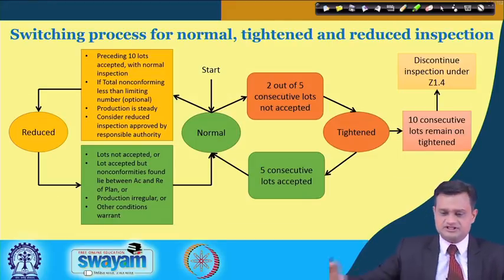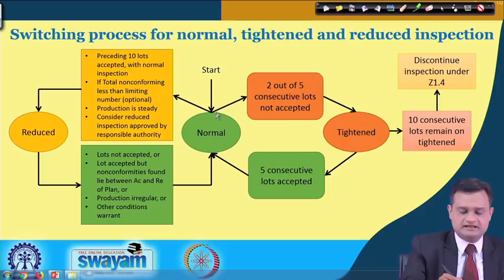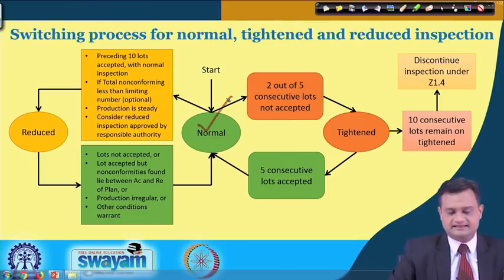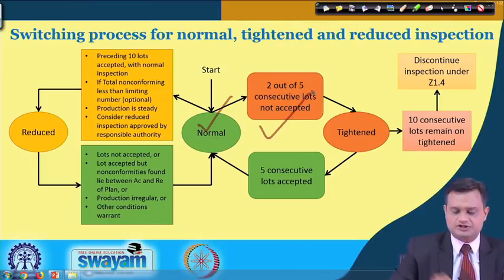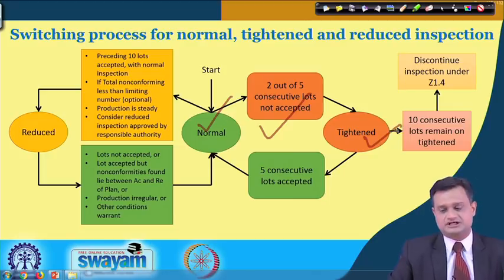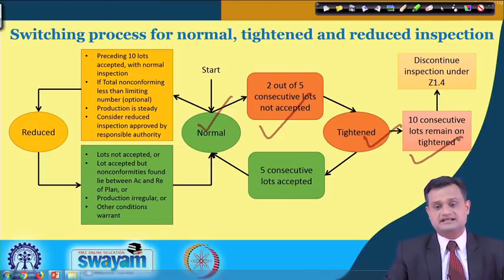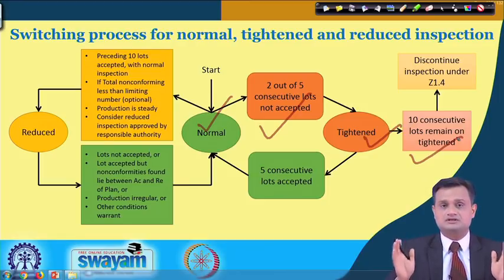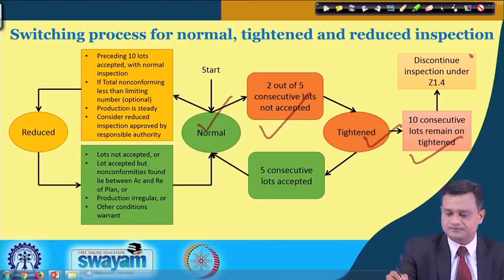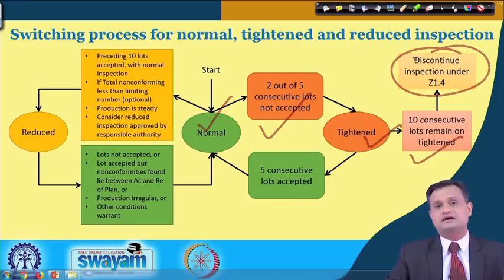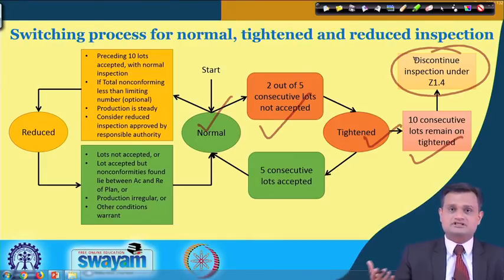So this is something which I explained in a very simple way. Begin with the normal, and then if 2 out of 5 consecutive lots are rejected, go for the tightened. If let us say 10 consecutive lots remain tightened, means still the quality is a problem, discontinue and identify the real root cause, get rid of it, change the vendor, whatever step is necessary, management can decide.